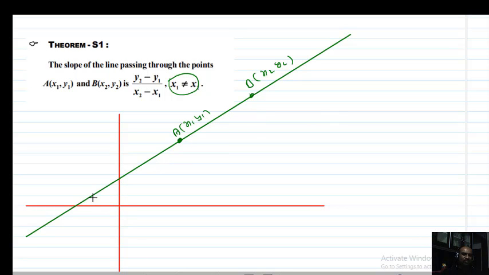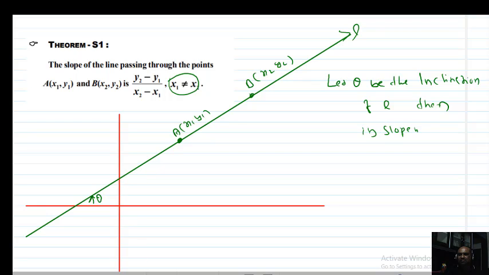We want to find its slope. Let theta be the inclination of this line L, then its slope m is equal to tan theta.